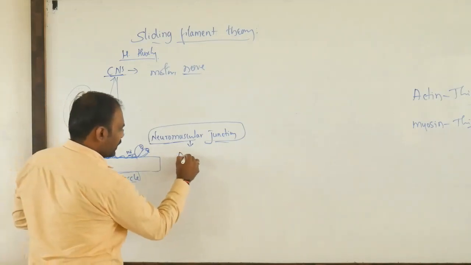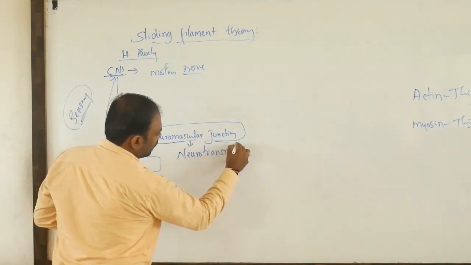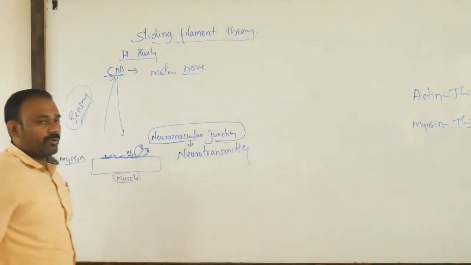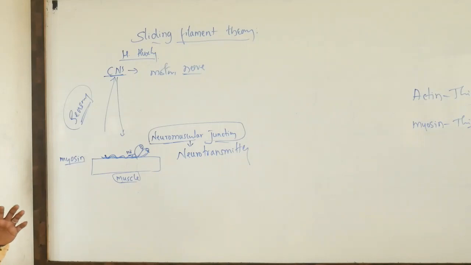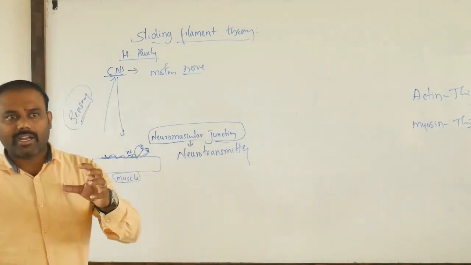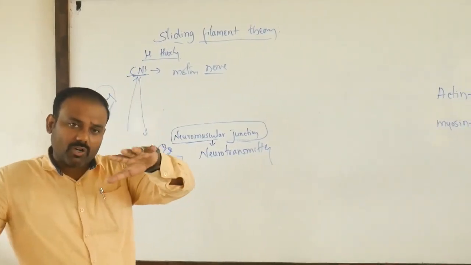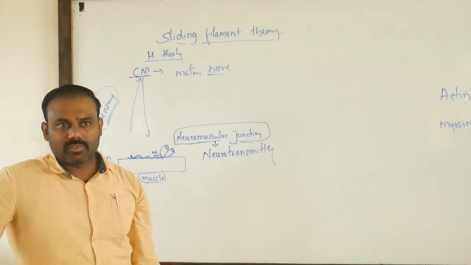You can call it a neurotransmitter. Do remember. The word neurotransmitter means it is a kind of chemical that can carry the information from one neuron to the next neuron.